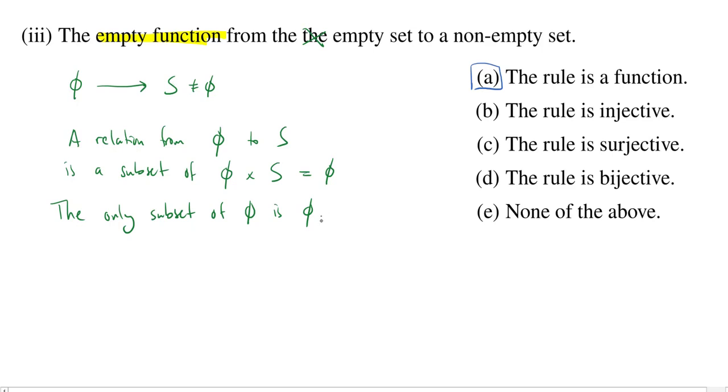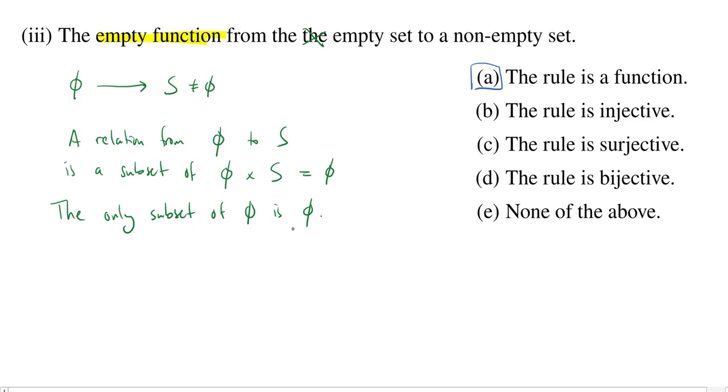Okay, is it a function? To be a function, you would need that for every element in the empty set, well, now it doesn't even matter what we say. There are no elements in the empty set. Whatever the conclusion is irrelevant because there's nothing to check in the hypothesis.